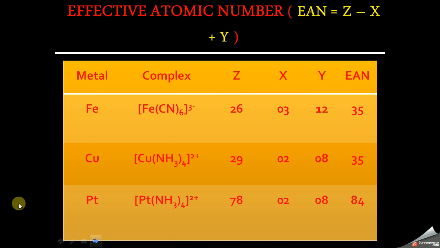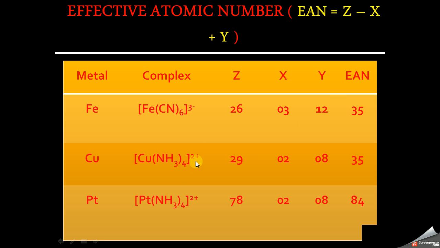Then in another example, Fe in [Fe(CN)6]3-, the atomic number of Fe is 26, it loses 3 electrons, each cyanide donates 2 electrons, 6 into 2, 12. One CN carries 1-, 6 CN carry 6-, but the charge on Fe is 3+, so the overall charge on the complex is 3-, so the EAN value is 35.